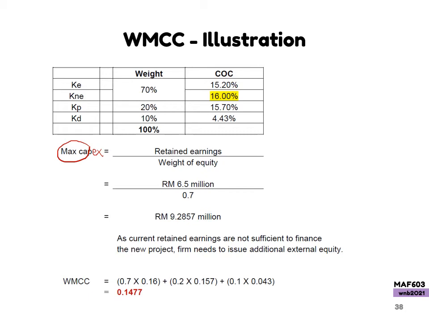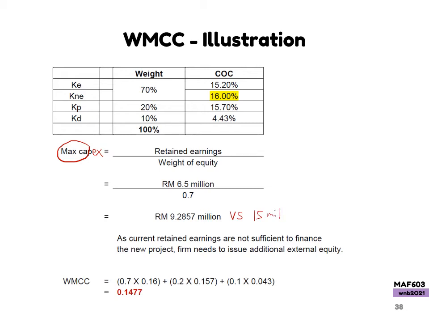Equity financing for this company is 70%. So 6.5 million bahagi dengan 0.7, kita dapat maximum capital expenditure sebanyak 9.2857 million. Compare dengan tadi the cost of the project tu kita ada sebanyak 15 million.